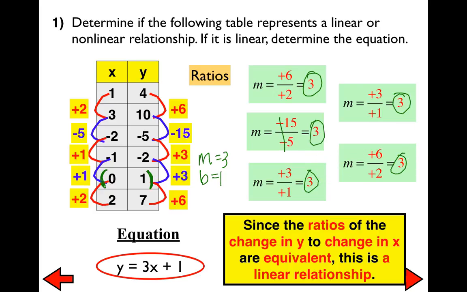So key thing to remember, if all the ratios are equivalent, then it is a linear relationship. And so in this case, to answer the question completely, we had to determine the equation, and here it is. So that concludes our first example. Let's take a look at the next one.